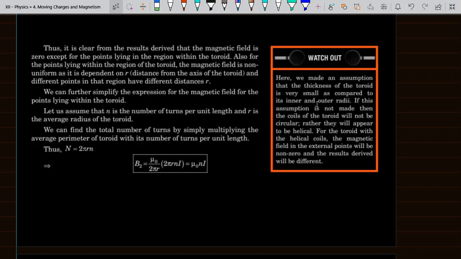For the points lying within the region of the toroid, the magnetic field is non-uniform, as it is dependent on r, that is distance from the axis of the toroid, and different points in that region have different distances r.